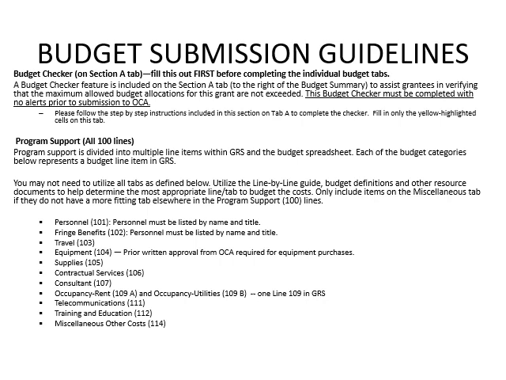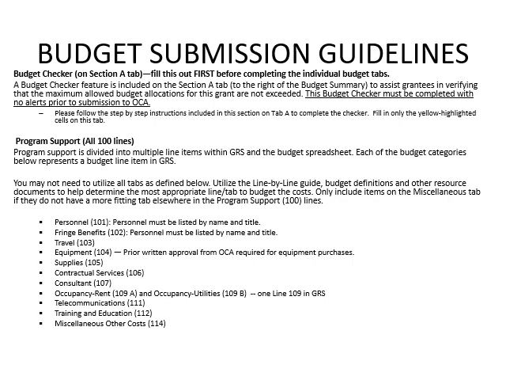So program support, which consists of all of the 100 series line items. Program support is divided into multiple line items within GRS and the budget spreadsheet. Each of the budget categories below represent a budget line item in GRS. You may not need to utilize all tabs as defined below, because there may be categories that you just do not wish to budget costs in.